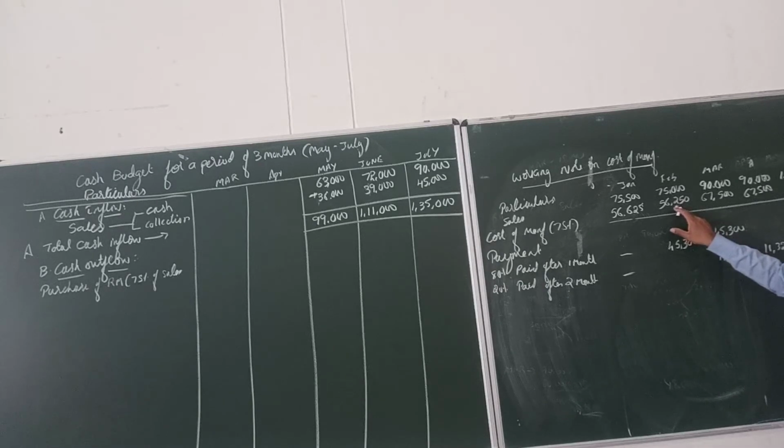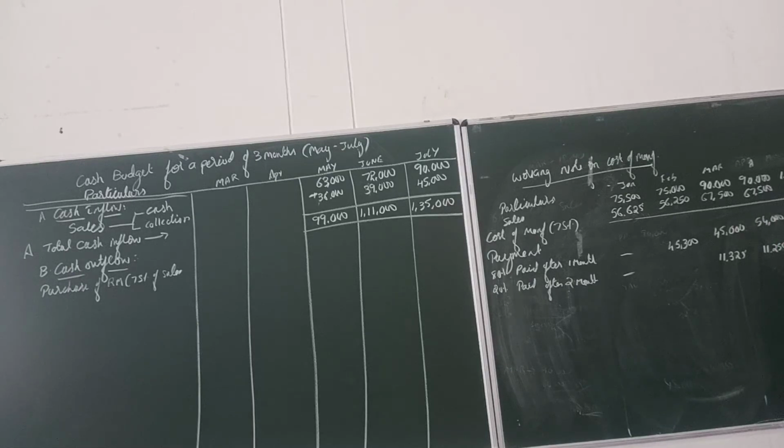No, sir. What is the amount of this one? 56,250. Okay, right. 45,000. Yes, sir. Exact 45,000. Okay, then how much here? 11,250. Okay.